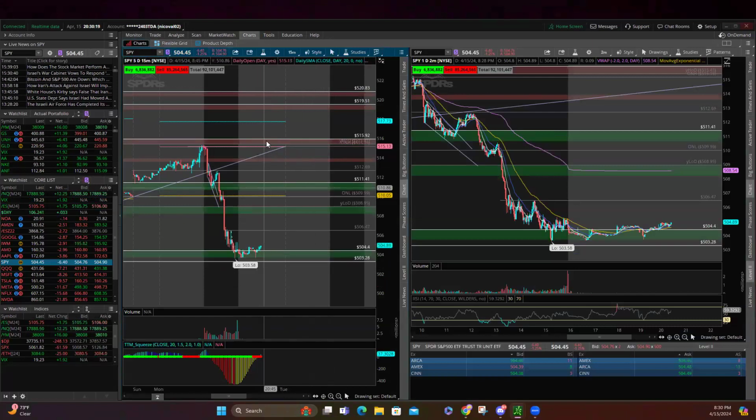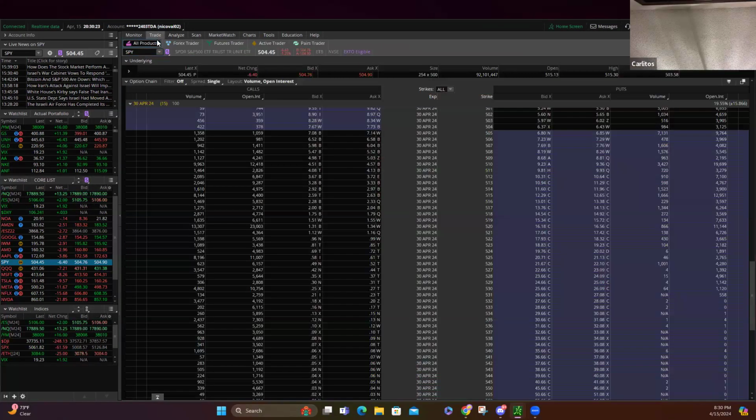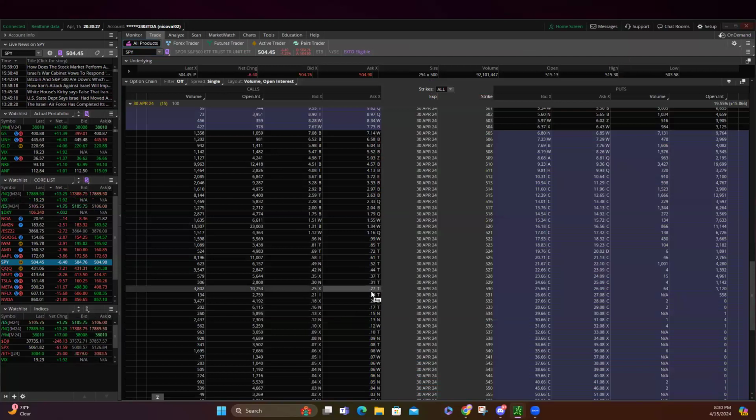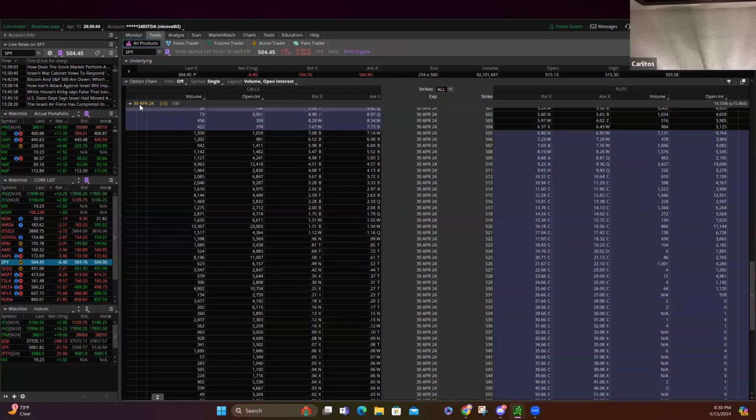It's not going to be as fast or as aggressive, but I'm going to be safely making money, being far out of the money with a higher chance of not getting my contracts completely faded away by theta. So sometimes we do that.